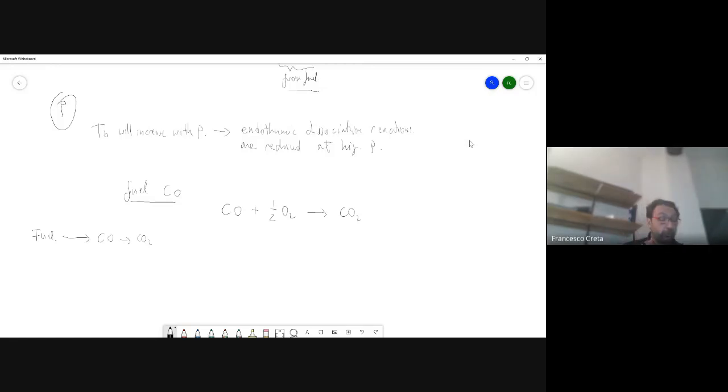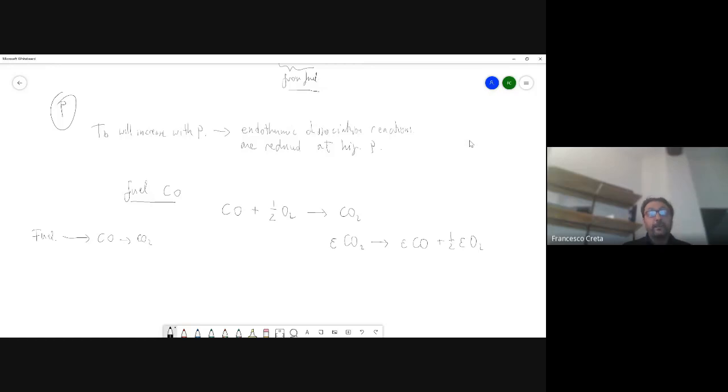Some of the CO2 can be dissociated. So it does not exist in its molecular form, but it will dissociate. So suppose I have a very small amount, epsilon moles, of this CO2 dissociating back into epsilon moles of carbon monoxide plus 1/2 epsilon moles of O2. So I'm taking this the other way around.